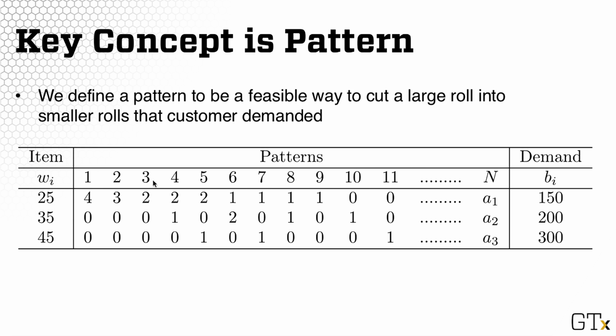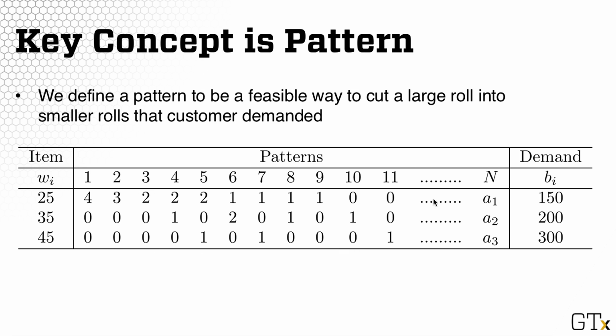And the third pattern is even more wasteful. I'm only cutting 2 copies of width 25 and throwing away the rest, and so on. So you see there are tons of ways to cut a pattern, and I'm just organizing them in certain ways. The specific order does not matter. I'm just organizing it in a matrix.